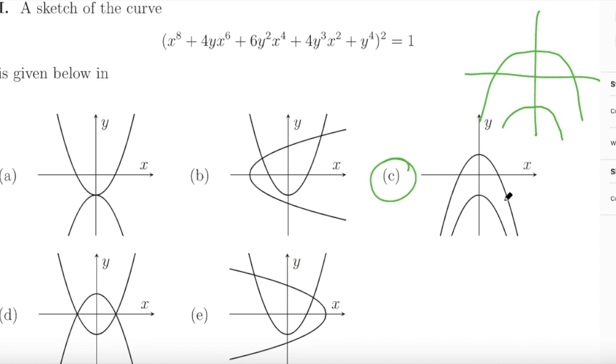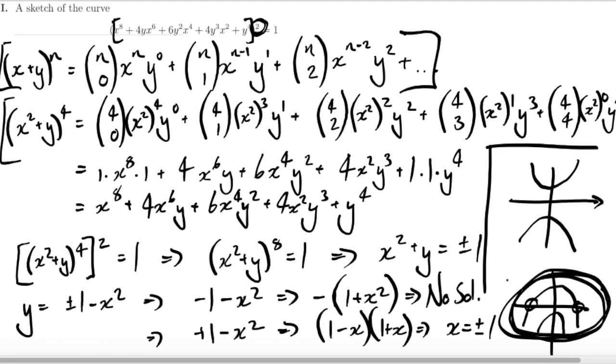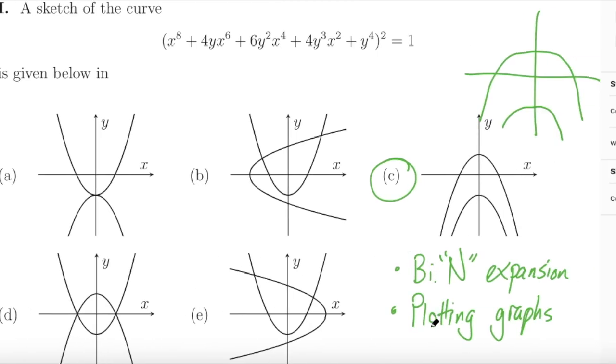So just a broad overview of the question. Binomial expansion in its general form is the key to this question. Plotting of graphs, and also a little bit of factorization, but at your level I'm sure that's no problem for you at all.